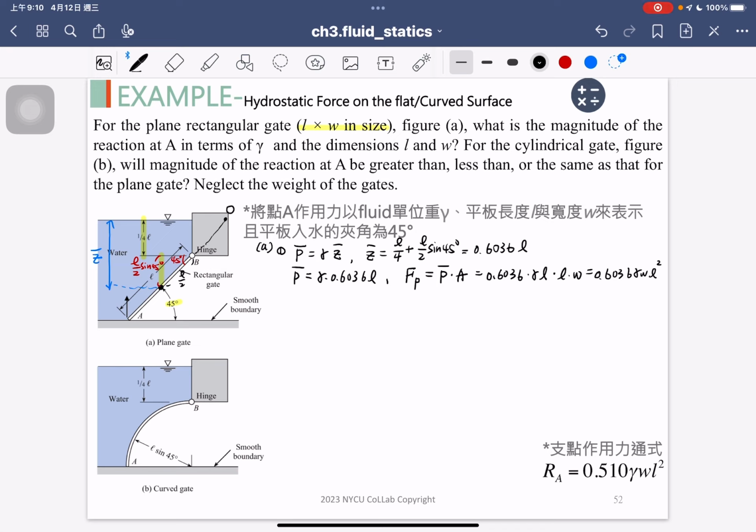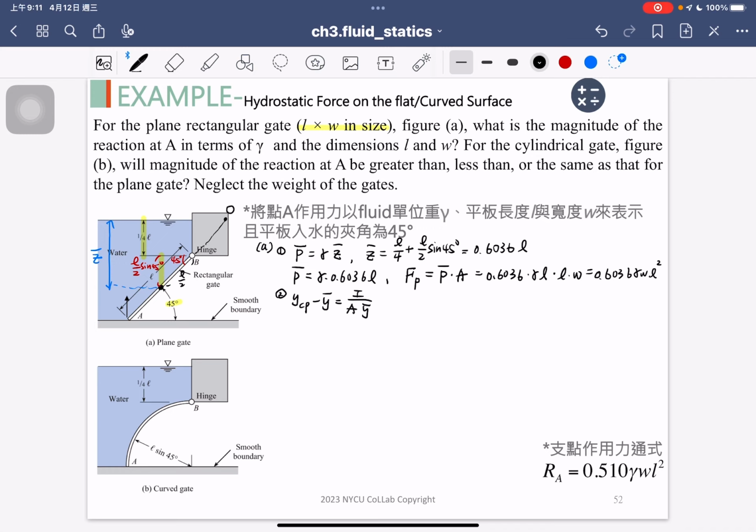And second, we need to find out where the location of the hydrostatic force is, right? So as we remember, we have YCP minus Y bar equal to the second moment of the panel area divided by the total area and the Y bar.